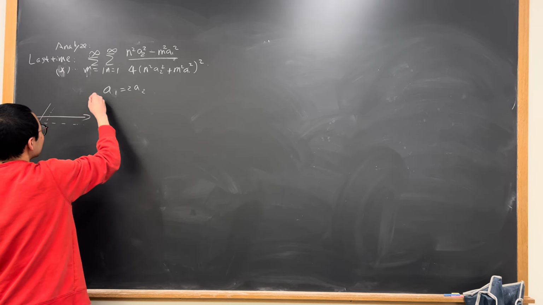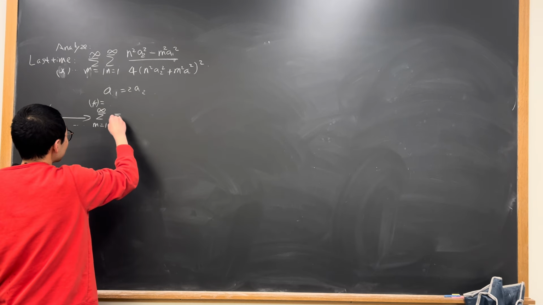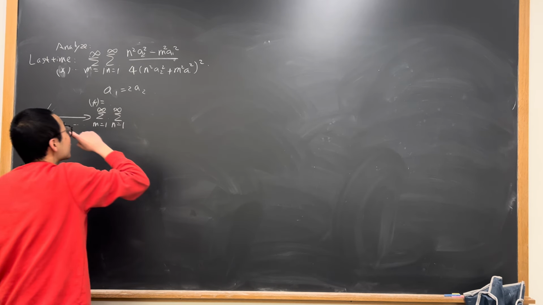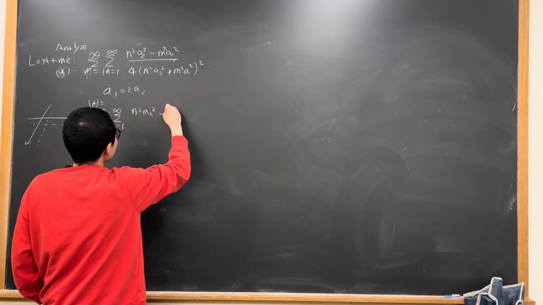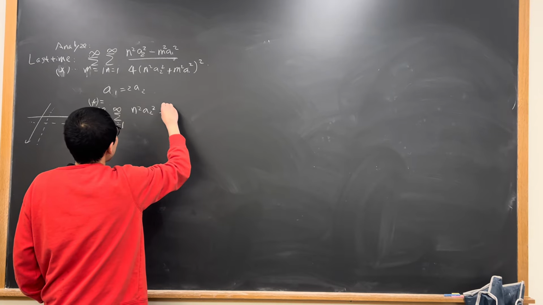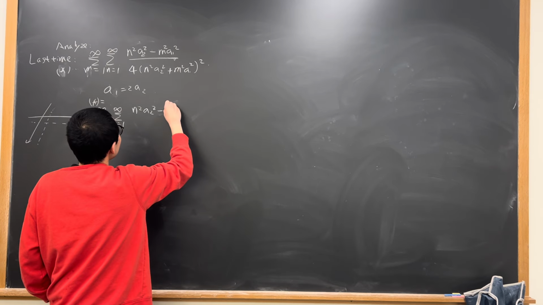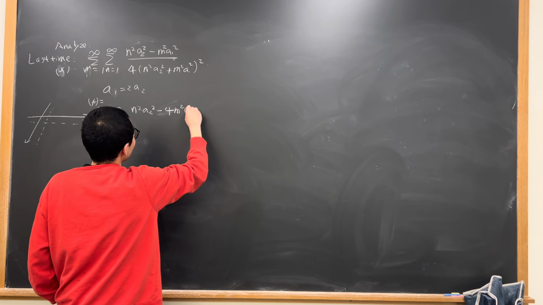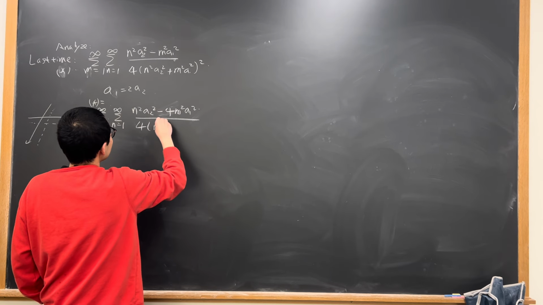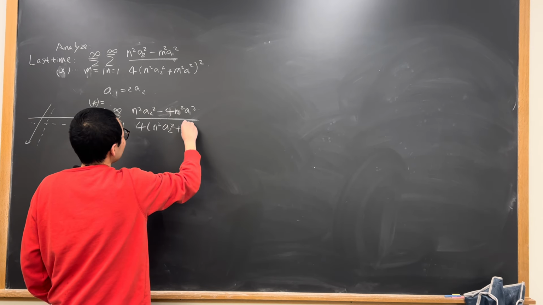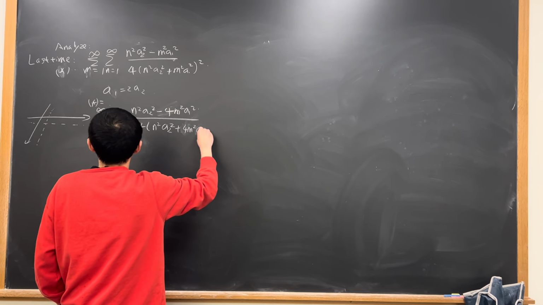Star is equal to the summation m from 1 to infinity, summation n from 1 to infinity, n squared a2 squared minus 4m squared a1 squared over 4 times n squared a2 squared plus 4m squared a1 squared.